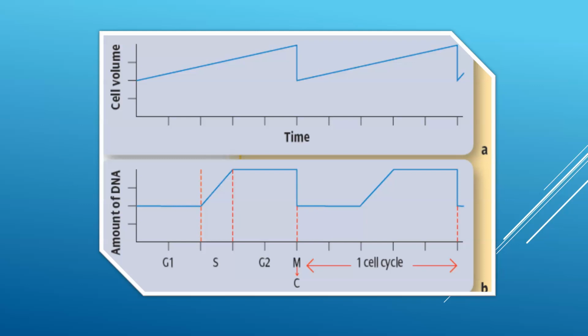If you look at the bottom graph, we've got the different stages of the cell cycle on the horizontal axis, and on the vertical axis, we've got the amount of DNA.